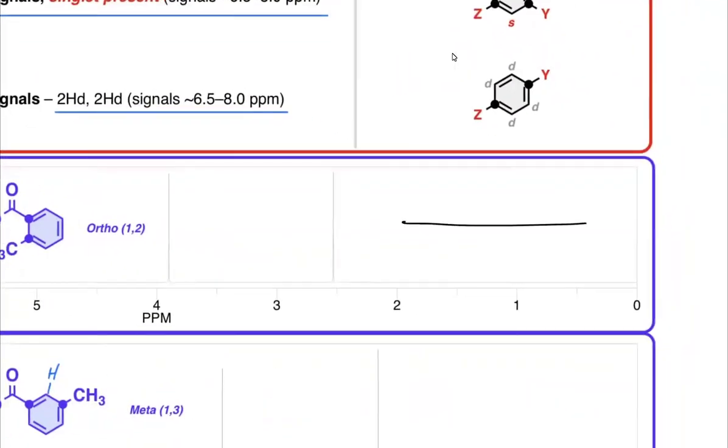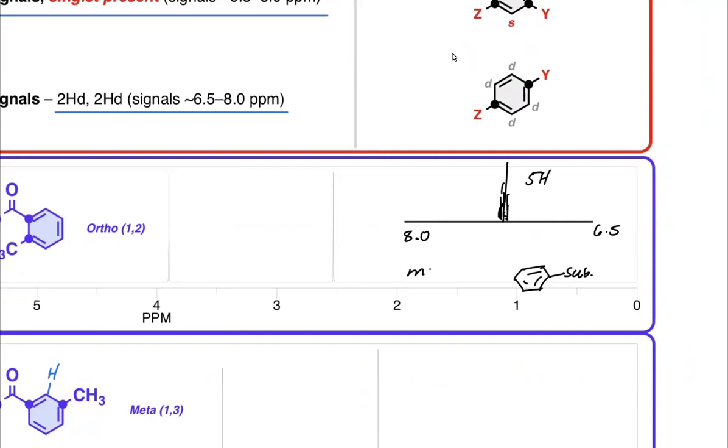Now, let's say you see a scenario like this, where in that 6.5 to 8.0 region, your Aryl region, you see a signal that's kind of ugly like this. It kind of looks like a bonfire, and it integrates to 5H. That 5H bonfire, as I like to call it, would be what you'd expect if you had a mono-substituted benzene ring.